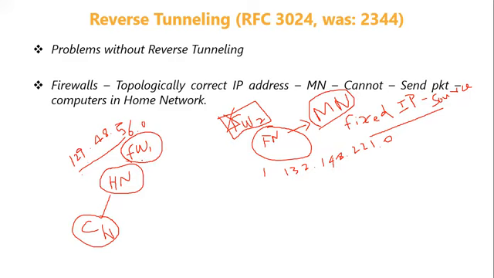Someone outside the intranet is sending a packet with an IP address that belongs to a system inside this intranet. So this firewall will think that it is an attack.